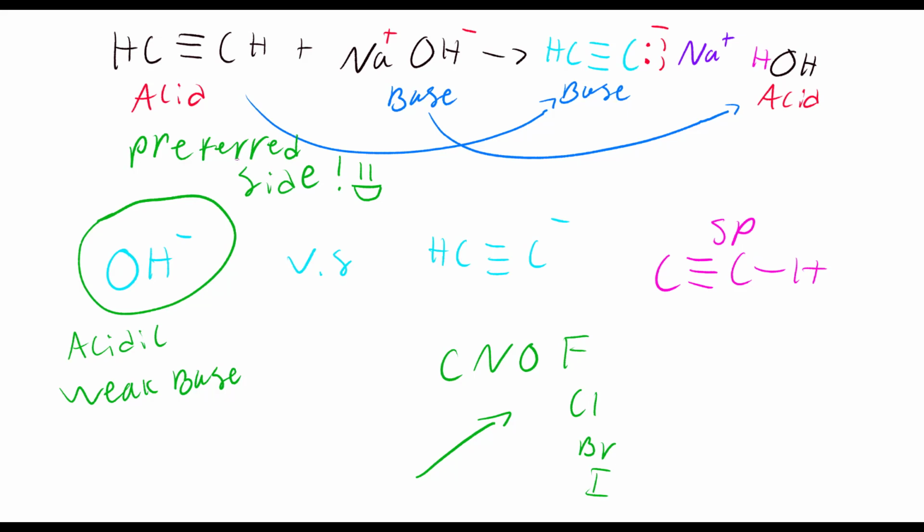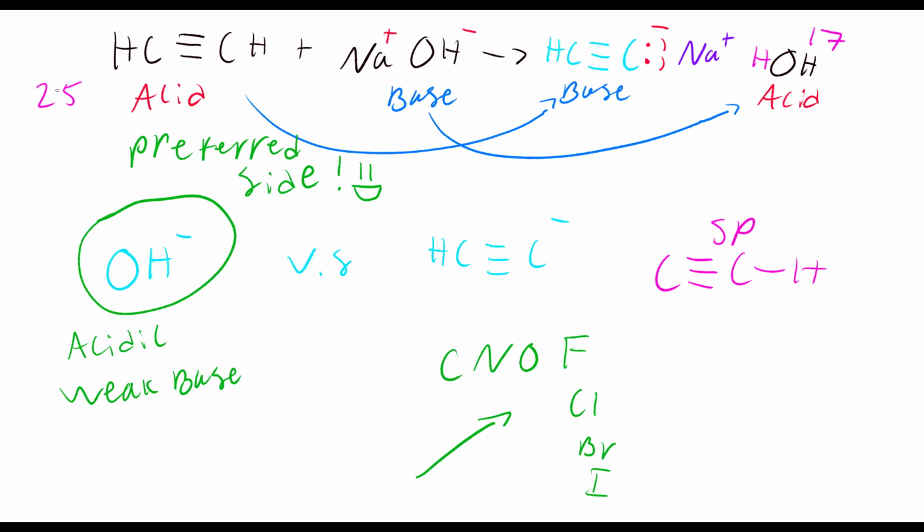So it's going to be a pKa of 25. Compared to the other acid, this is an alcohol, so it turns out, actually this is water, sorry. This is water, so that's going to be 17. And you know what? 17 is closer to 0 than 25, right? 17 is going to be more acidic and therefore not favored. 25, however, is going to be more basic.